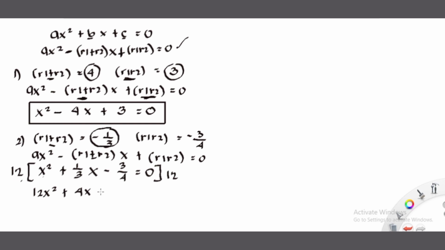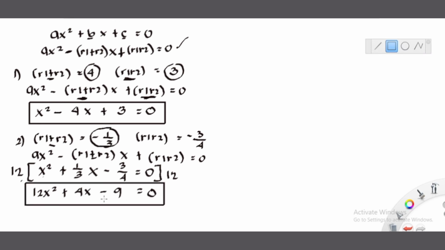Times negative 3 is negative 9. Then, copy equals 0. Or kung gusto ninyo, ayaw mag-cancel, direct na. 12 times negative 3 is negative 36. Negative 36 divided by 4 is negative 9. So, wala na tayong rational term. So, this is now the quadratic equation given the sum of negative 1/3 and the product of negative 3/4 of the roots.